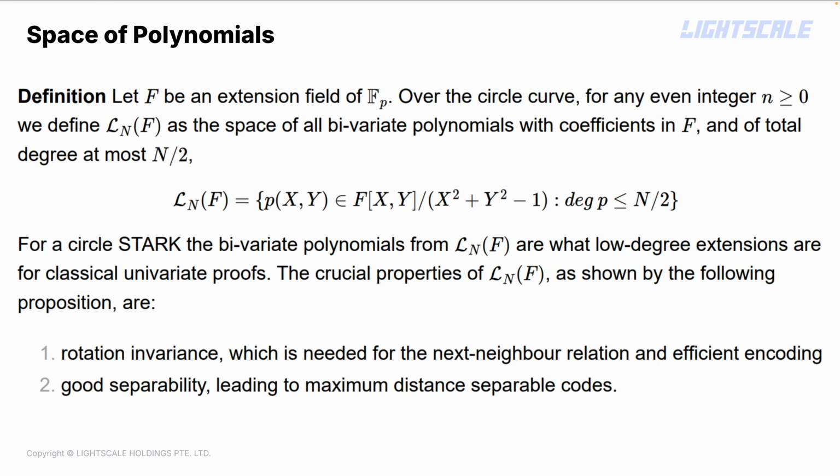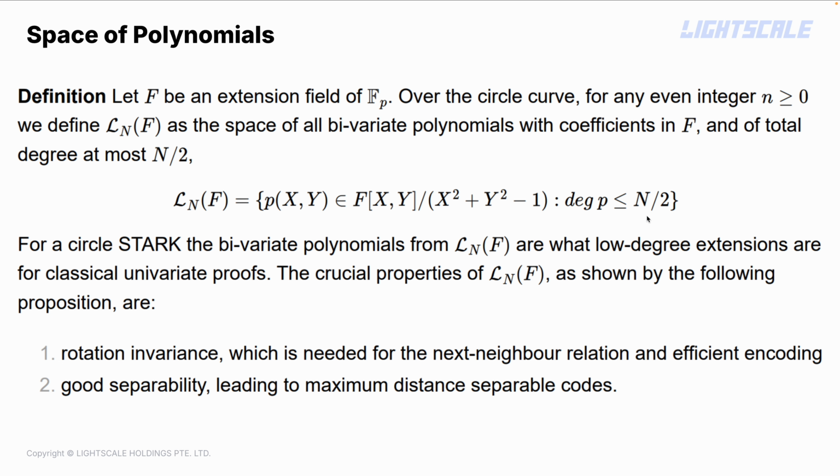Does space of polynomials mean the evaluation domain, or the space where evaluation results reside? So in FRI we take a polynomial. For example, in general FRI, the space of polynomials is just all polynomials of degree size n, right? But in here, it's all bivariate polynomials where the degree of each element should be less than n.